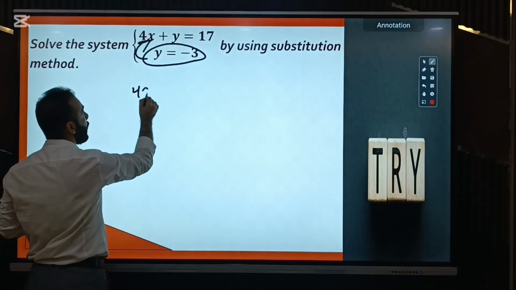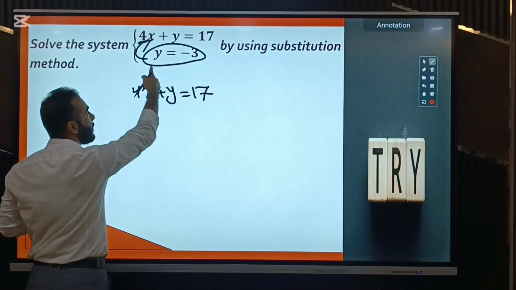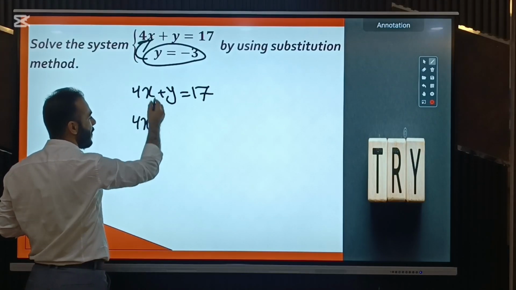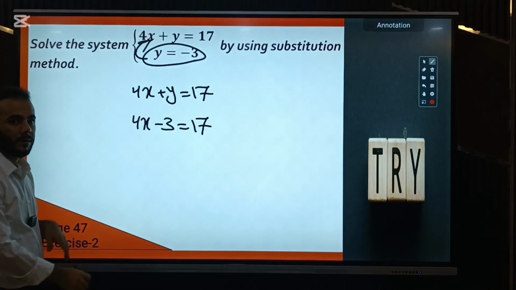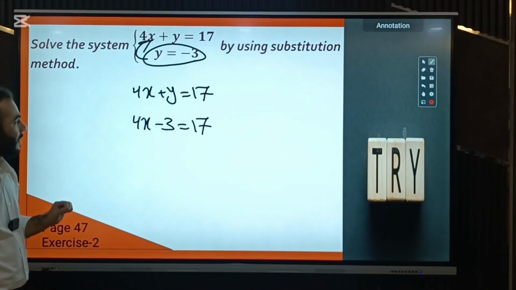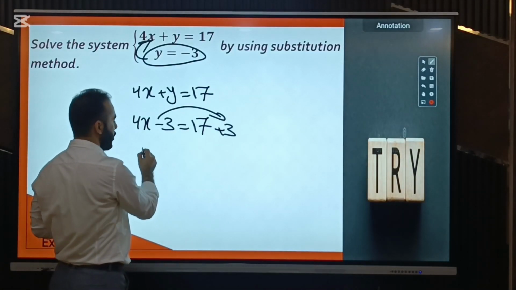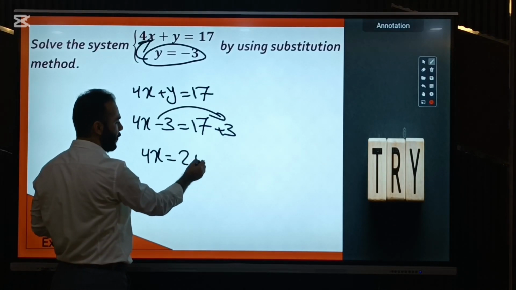Perfect. So we have got 4x plus y equals 17. We have the value of y. So for x, instead of y, I'm going to write -3, equals 17. I hope that it is clear till now. So move this -3 to the other side. It's going to become +3. So we have got 4x equal to 17 plus 3, 20.